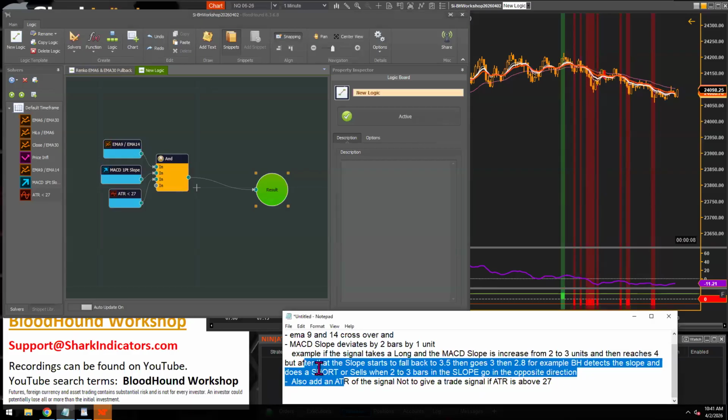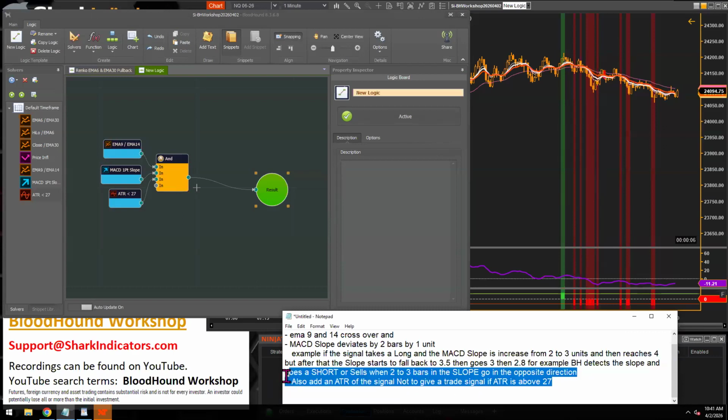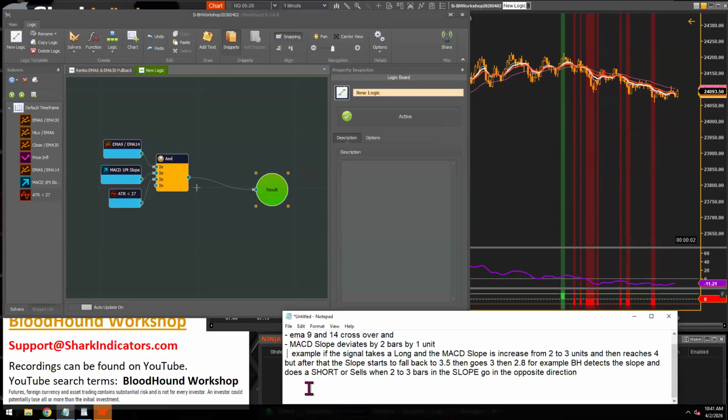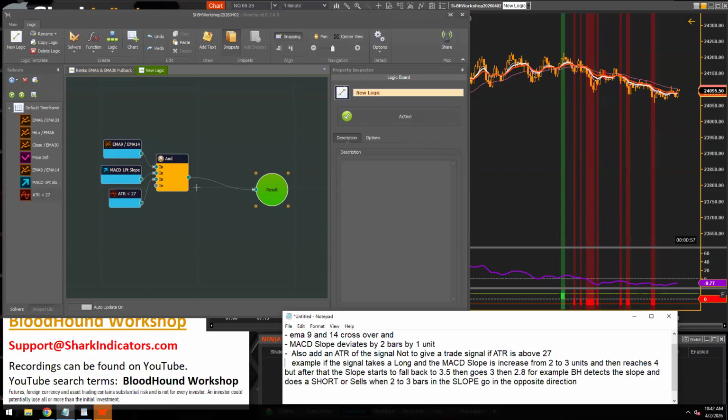So let's move this. Let's see here. I can't drag and drop. So here's really what we're getting at here: when the MACD rolls over.